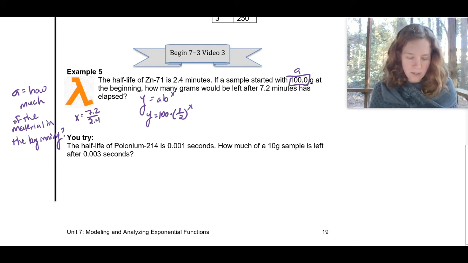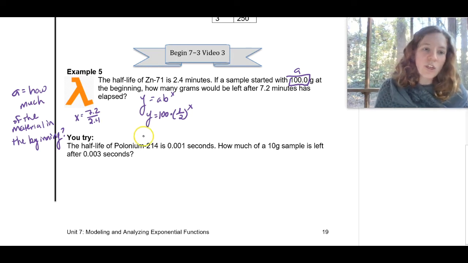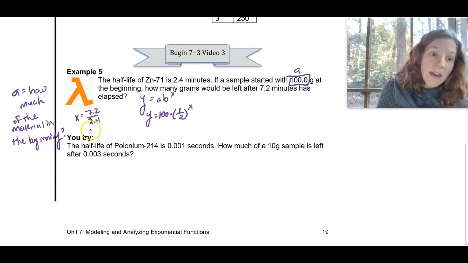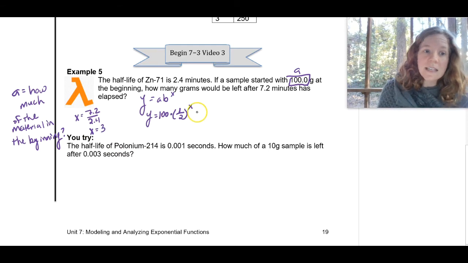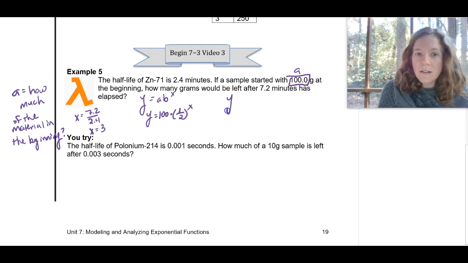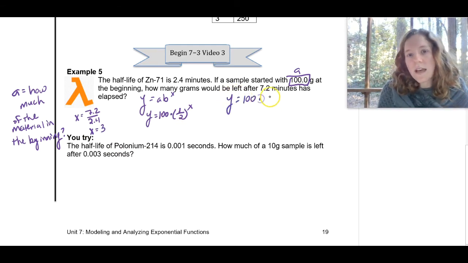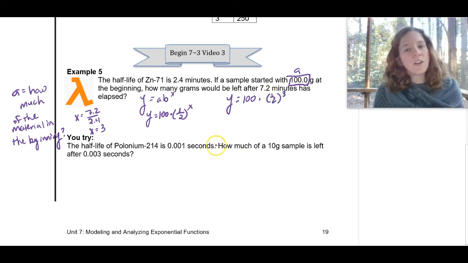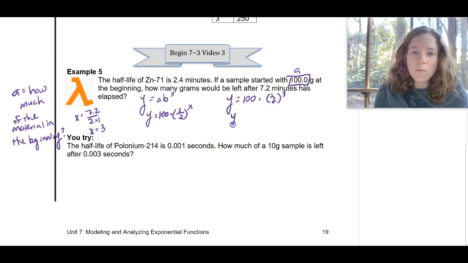So I'm going to do that division really quick. 7.2 divided by 2.4, and I get 3. So the number of half-lives I'm going to let this zinc sit is 3. So it's going to be 100 times 1/2 to the 3rd power. And you can always do this by hand, or you can put it in your calculator.